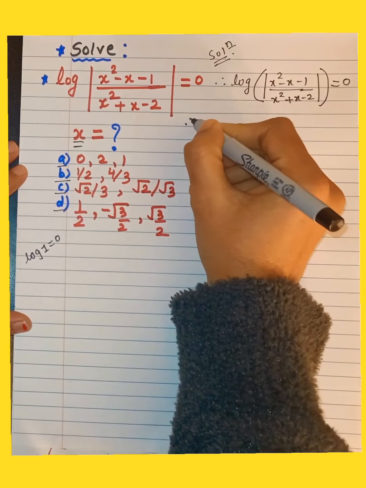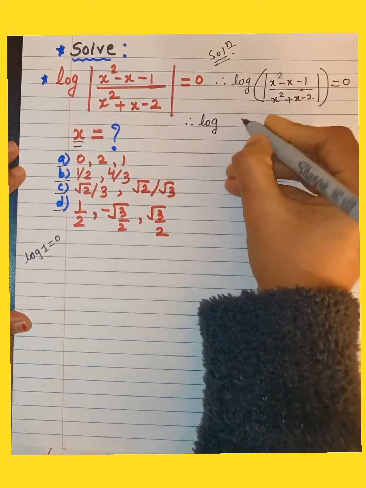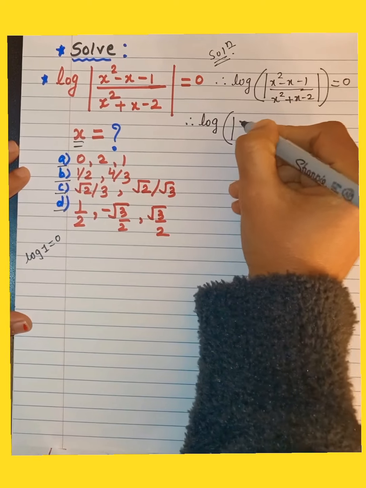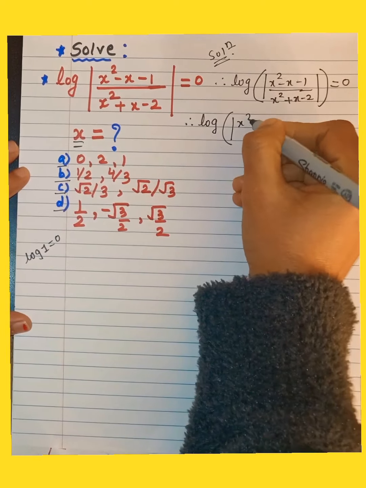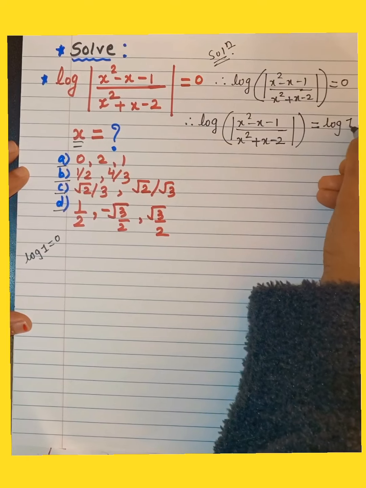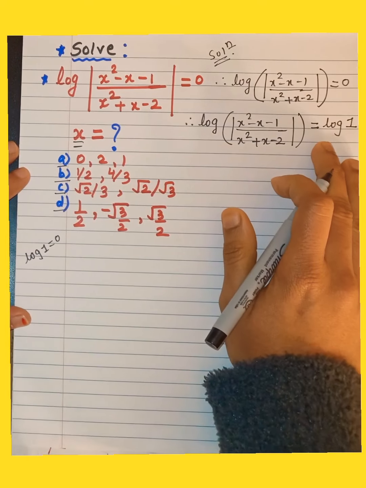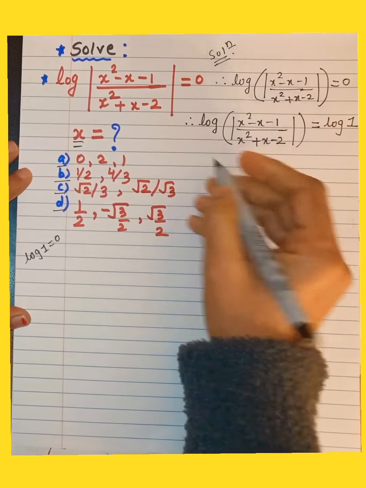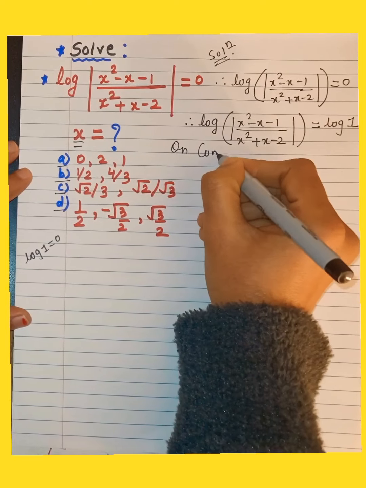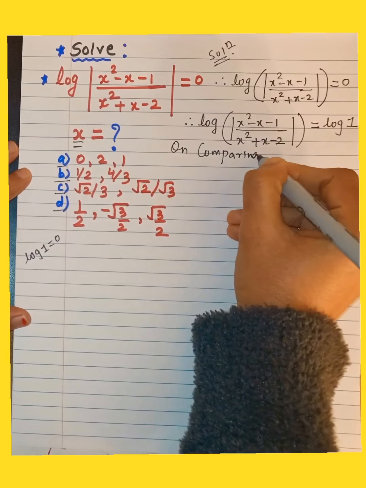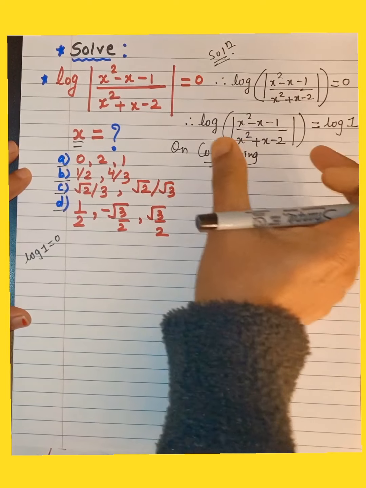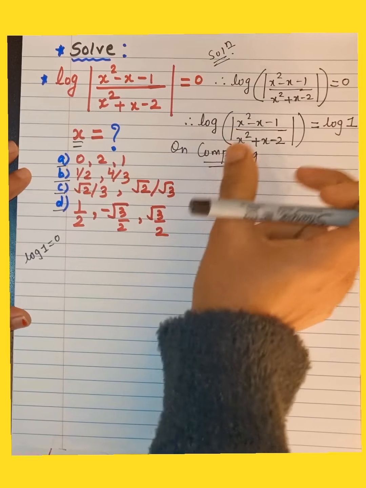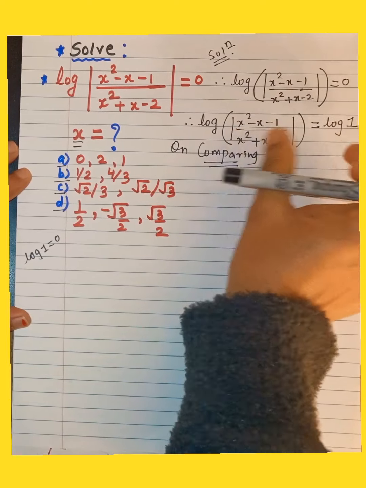So our next step will be log of absolute value of (x^2 - x - 1)/(x^2 + x - 2), bracket close, and this side we will write equal to log 1. So in place of 0, I'm writing log 1. Now if you compare both the sides, you can see that the bases are the same, so obviously the arguments can be taken as equal.